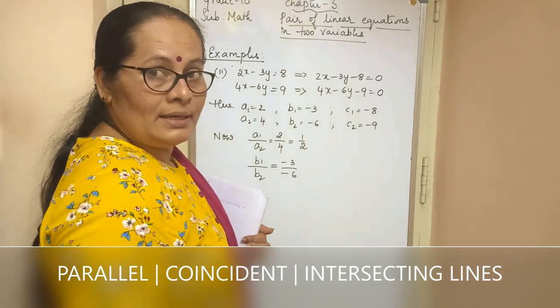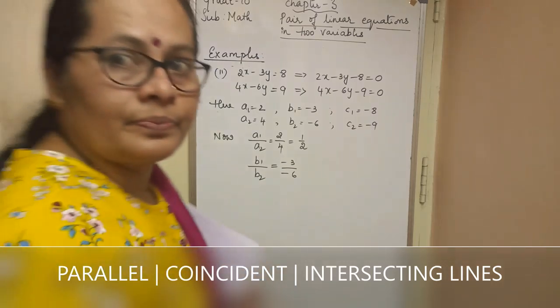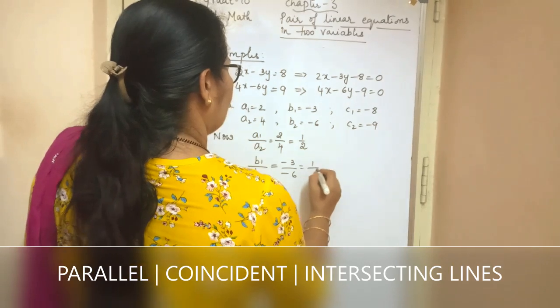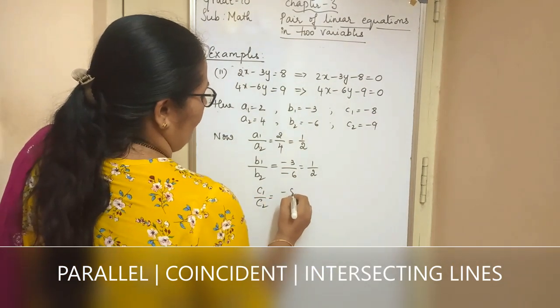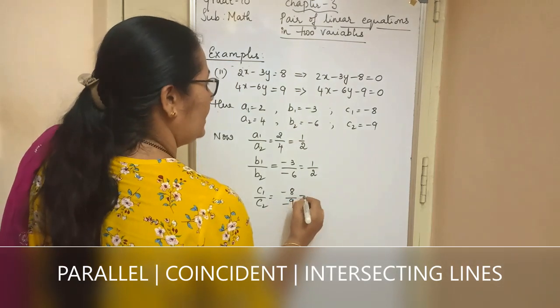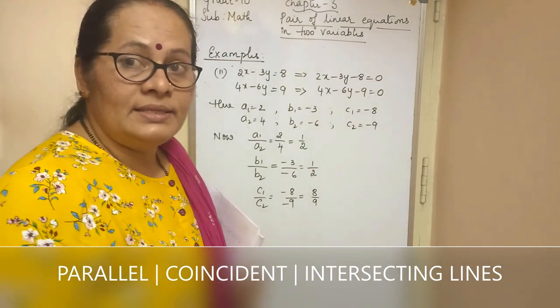Minus divided by minus is plus. So, 3 by 6 is 1 by 2. Then c1 by c2, which is minus 8 by minus 9, so 8 by 9.